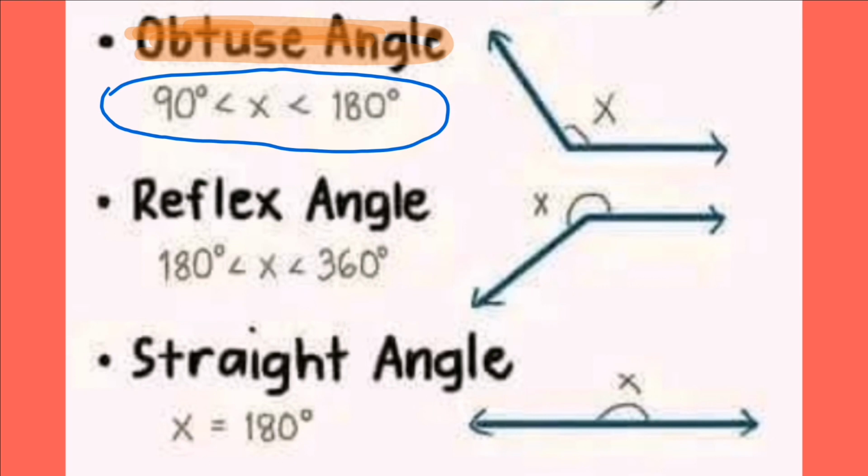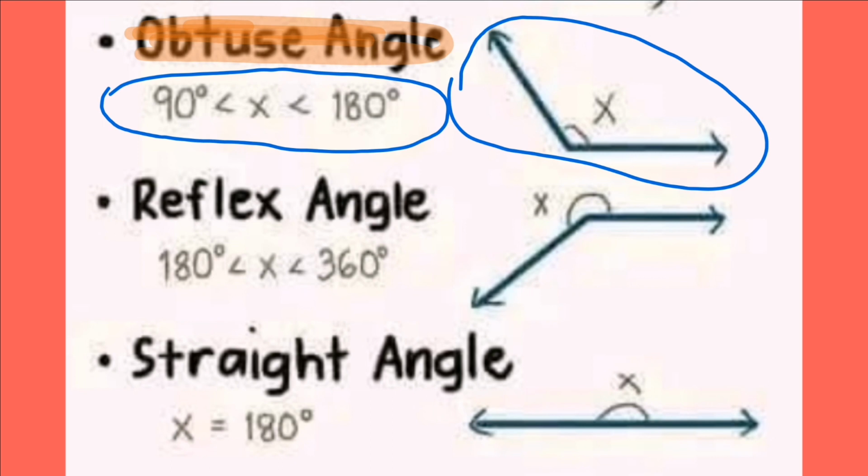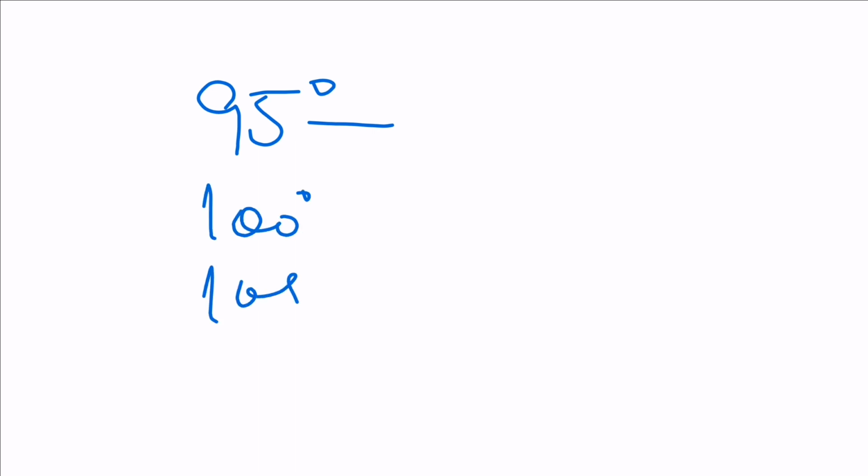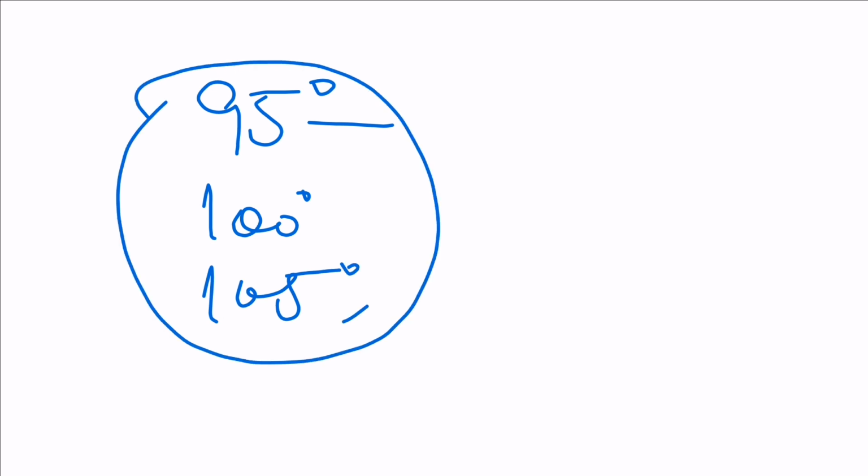Expressed geometrically, it is like this. This is obtuse angle. For example, angle 95 degree, angle 100 degree, 105 degree. These all are examples of obtuse angle.